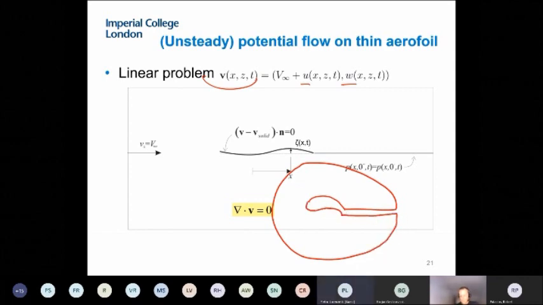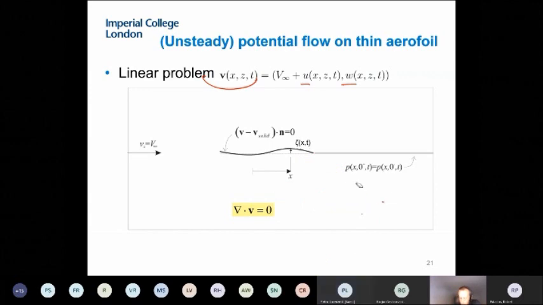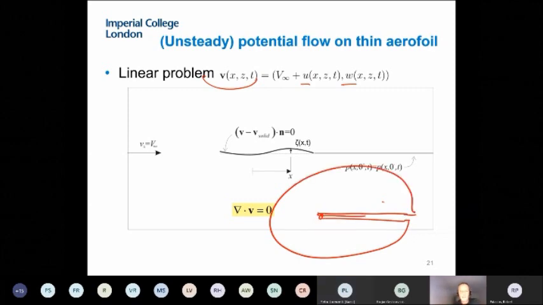And here the Laplace's equation works, and here it doesn't. Now this becomes boundary conditions. What we do here is impose this pressure jump condition, and what we do here is enforce the non-penetrating boundary condition. In the assumption that we have here, my domain is much simpler. My domain looks like a straight line, because my airfoil is infinitesimally thin.